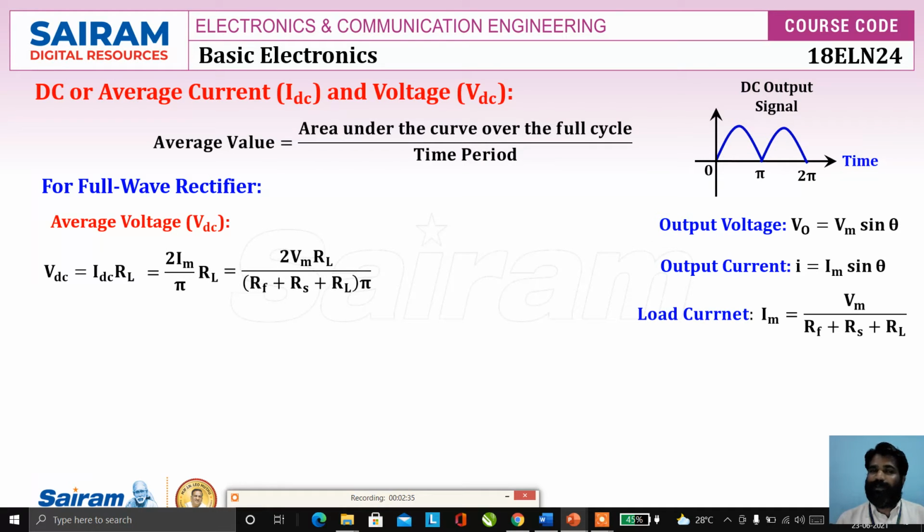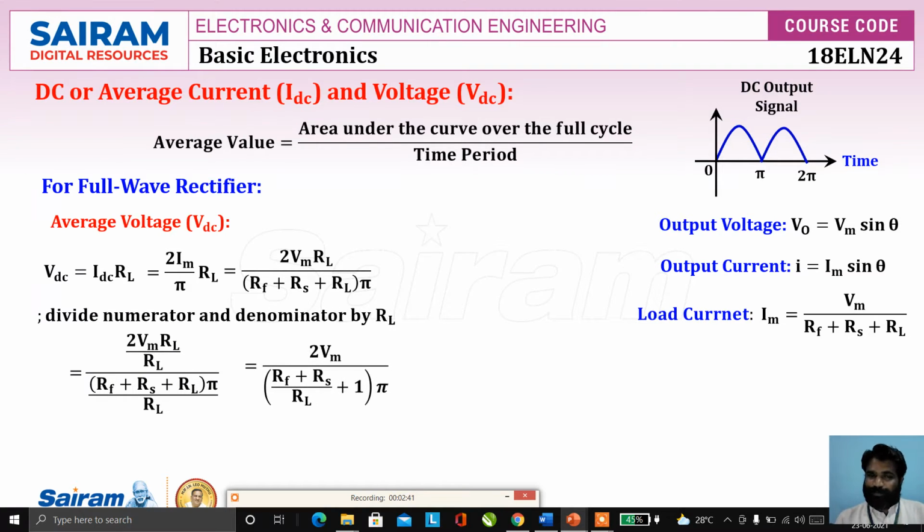So substitute the Im value, and again divide numerator and denominator by RL. So it becomes 2 Vm by pi, divided by Rf plus Rs over RL plus 1. Again we approximate this term to 0 by assuming RL is very much larger than Rf plus Rs. It becomes approximately equal to 0.